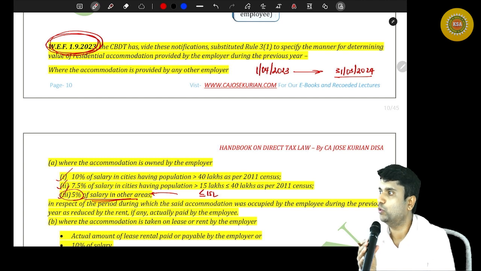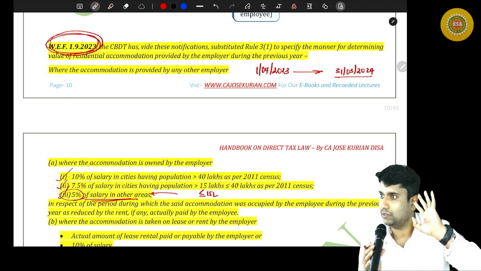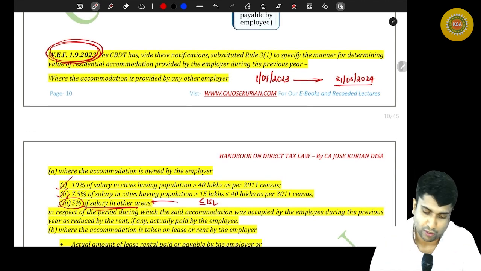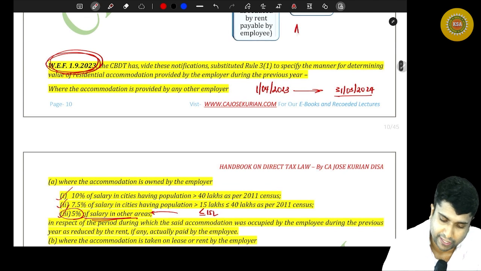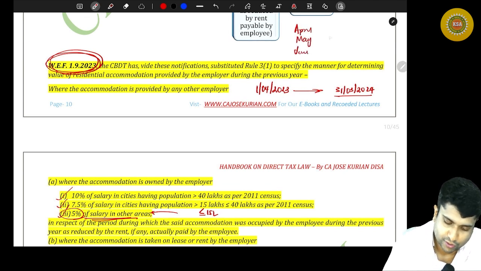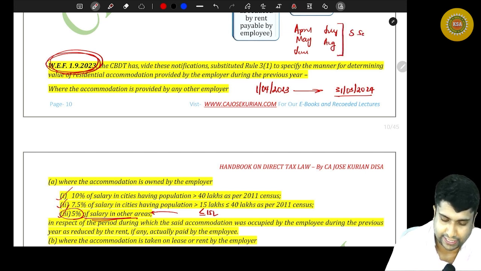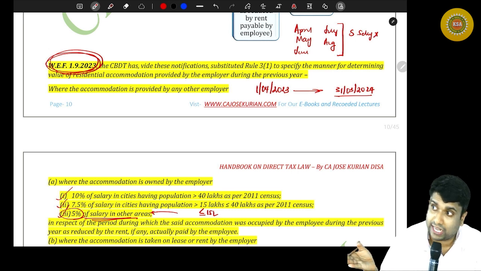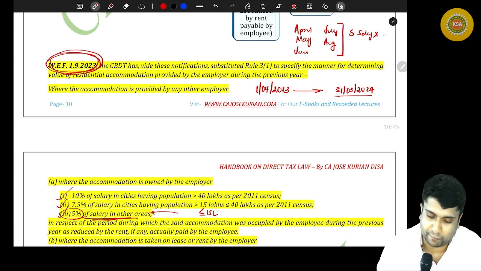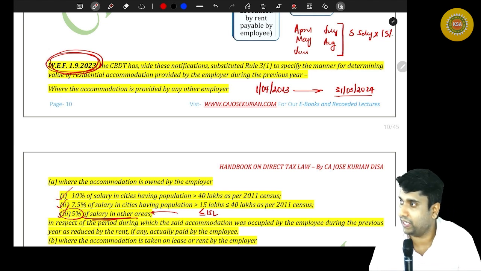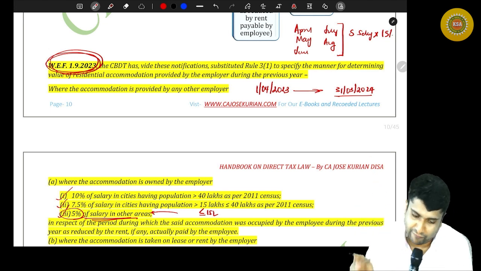Then what to do? When you compute the perquisite value, first of all you compute the salary for April, May, June, July, August, till August, 5 months' salary, into 15% if the population of the city is more than 25 lakhs. Are you with me? Then with effect from 1st September.